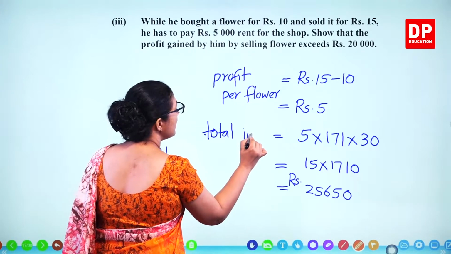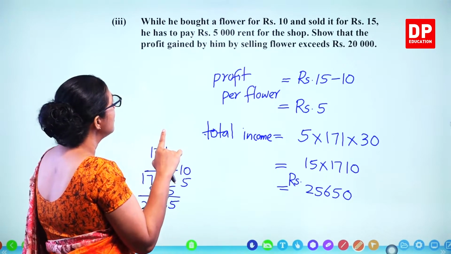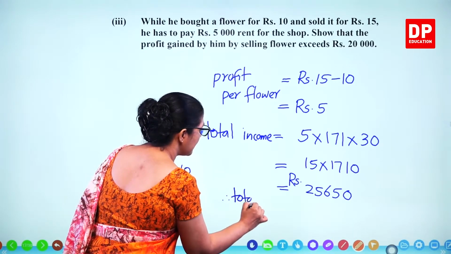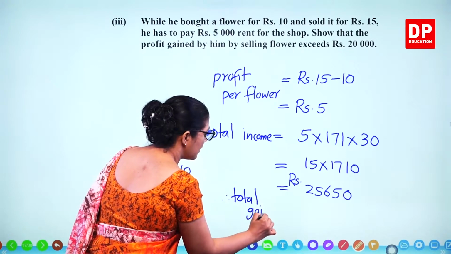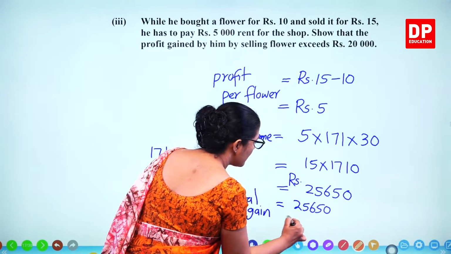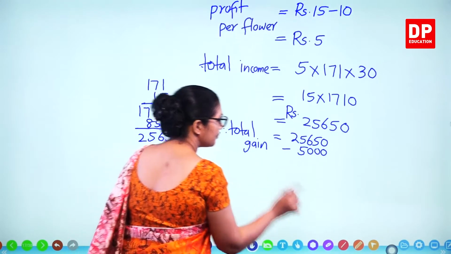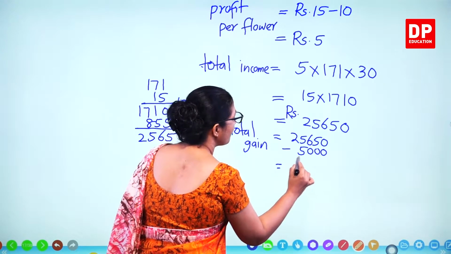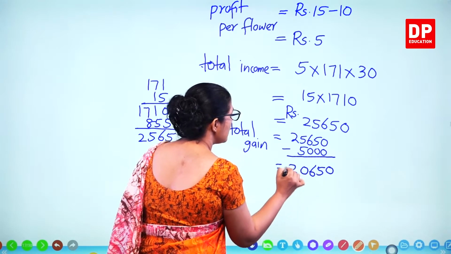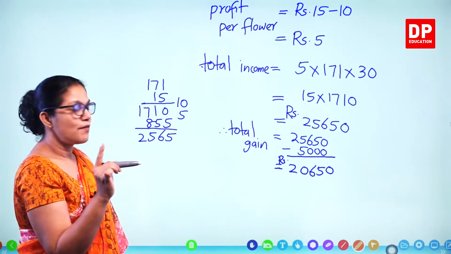We'll write total income here, and we have to subtract the rent. So therefore, total gain is 25,650 minus 5,000 rupees. You get 20,650.